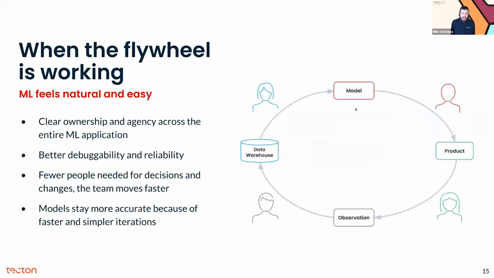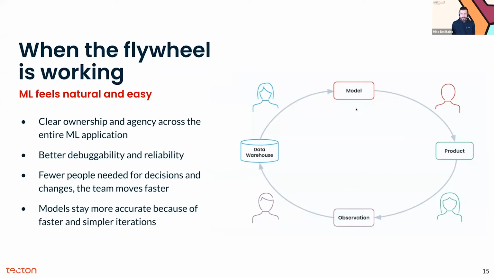Teams that have their ML flywheel working, ML just feels natural and easy for them. In that world, you have very clear ownership across the whole ML lifecycle. The whole ML application becomes much more debuggable and reliable. And because you know who owns each part of the flywheel, it becomes much easier to move fast.